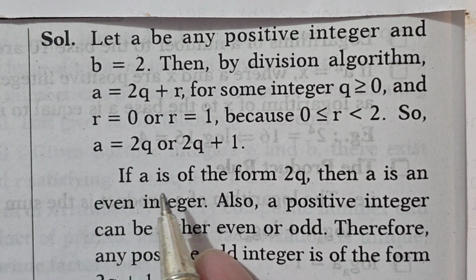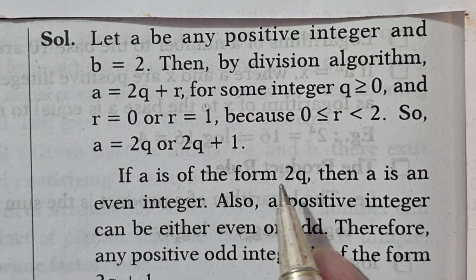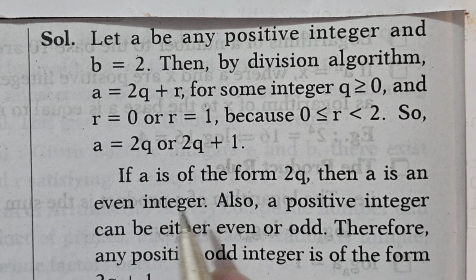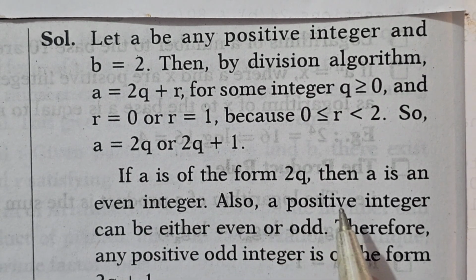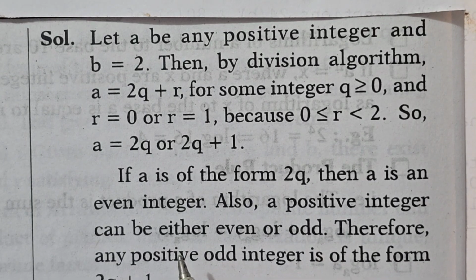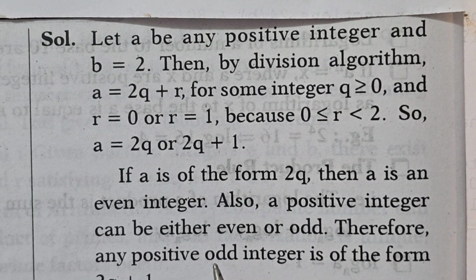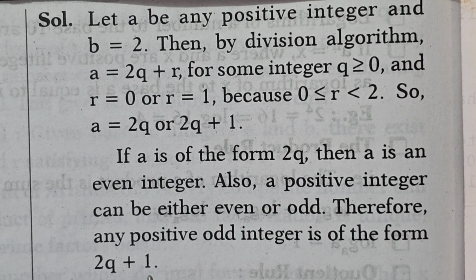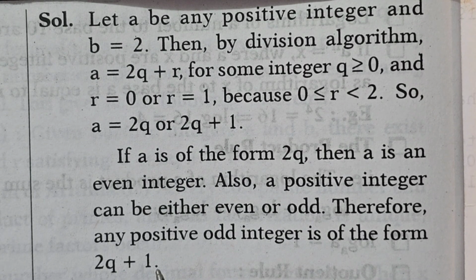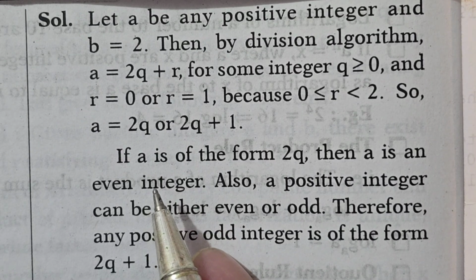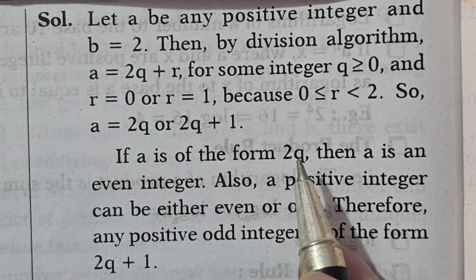If a is of the form 2q, then a is an even integer. Also, a positive integer can be either even or odd. Therefore, any positive odd integer is in the form 2q plus 1, and any even integer is in the form 2q.